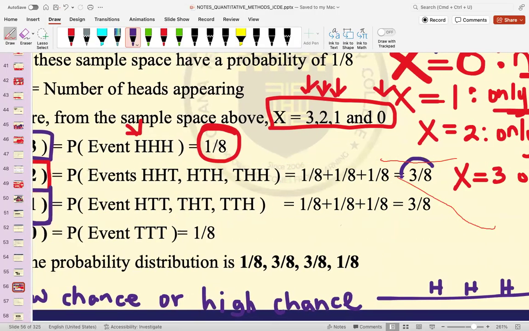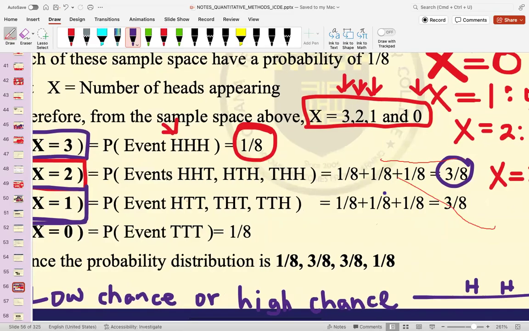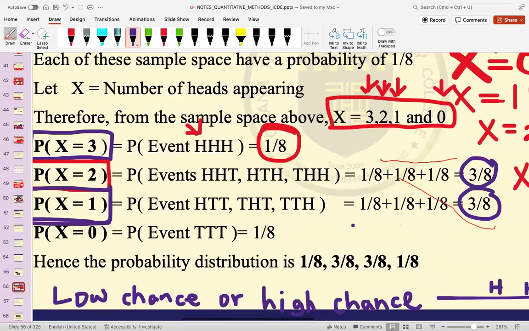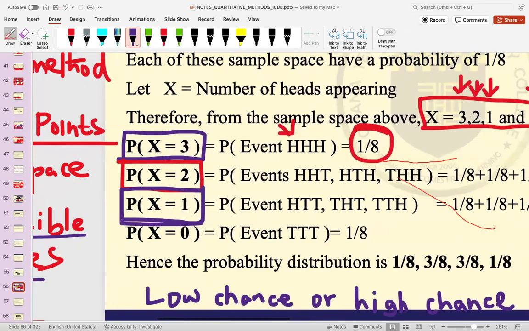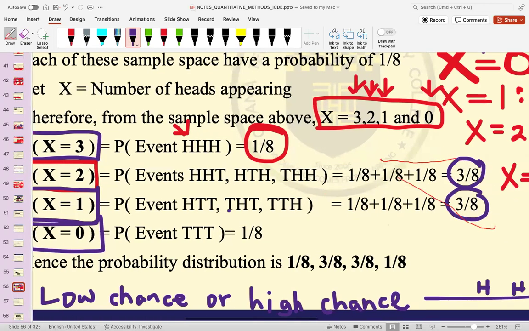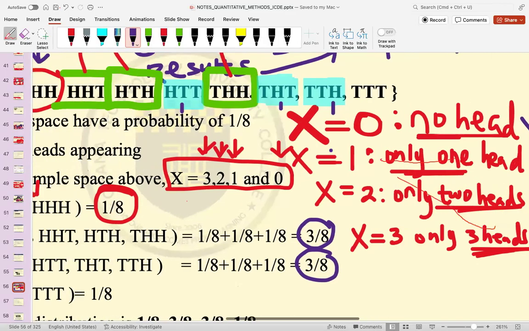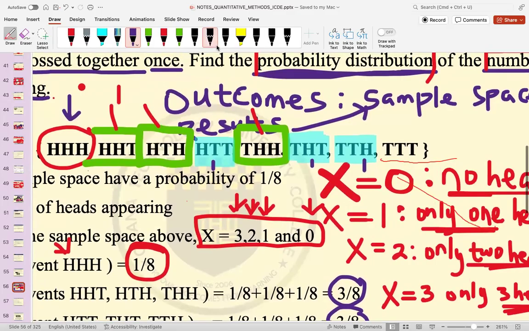So we have 3 over 8 for X equals 2, and we have 3 over 8 for X equals 1. Now, what about the last one? Probability of X equals 0. X equals 0 means that there is no head. So let's count the ones which have no head. We have covered this one, this, and this. So yes, this is the one with no head. T, T, T. No head.